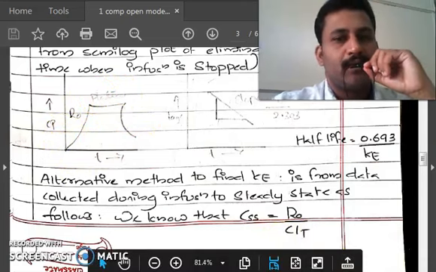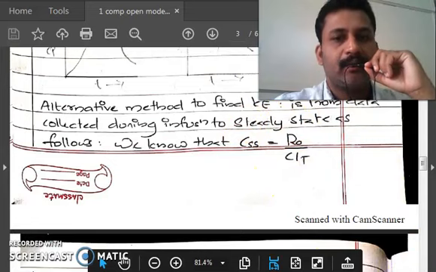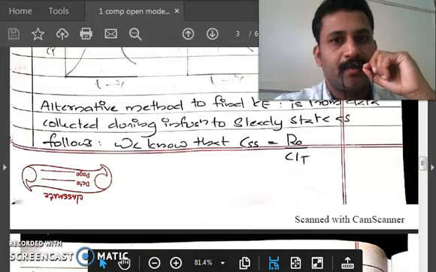We know from the earlier equation that CSS is equal to R0 by CLT. That is the steady state concentration equation that we have already derived.